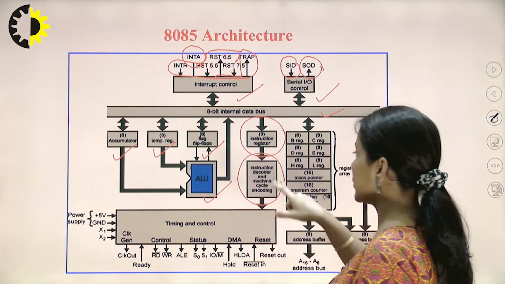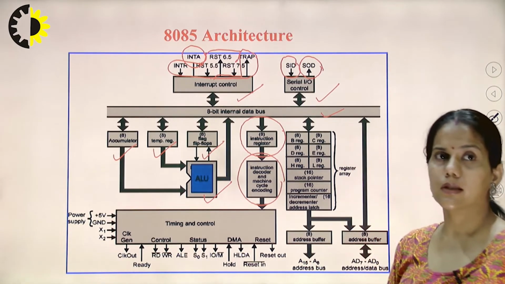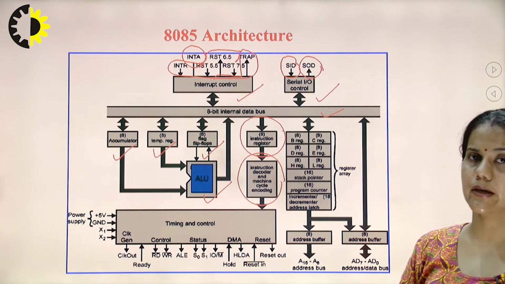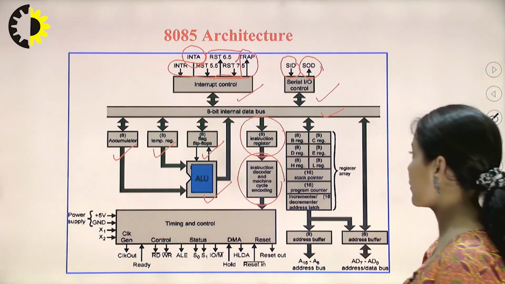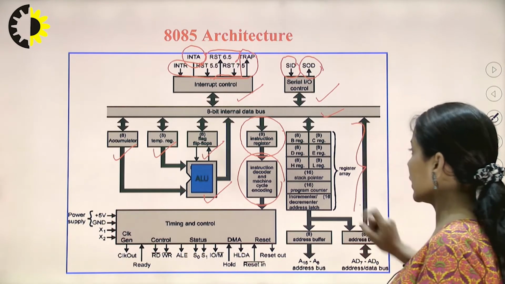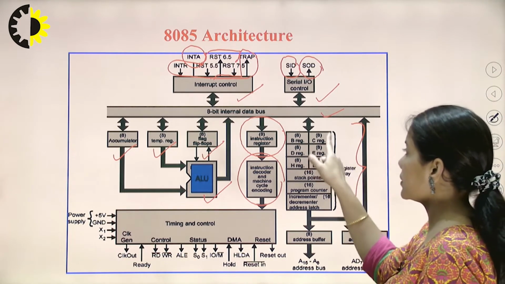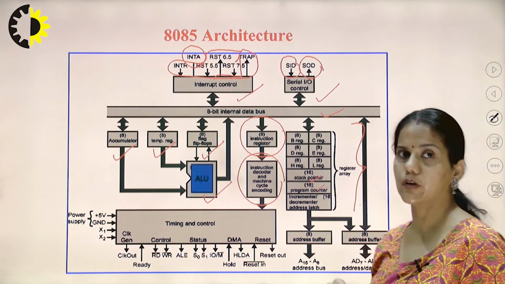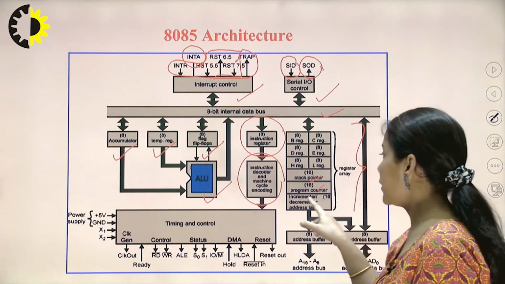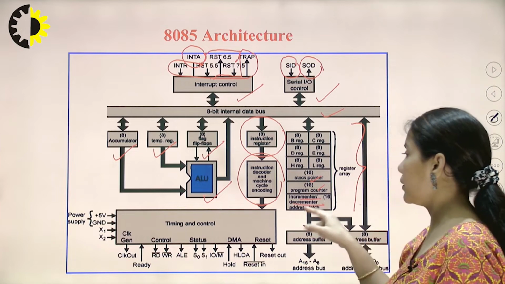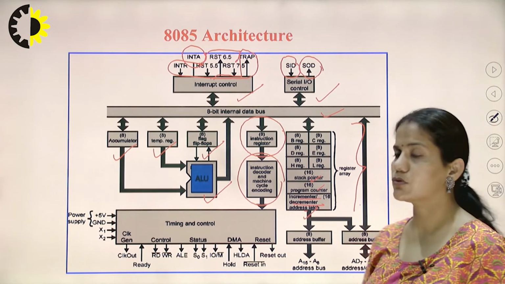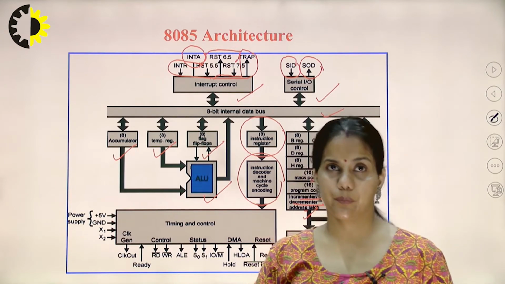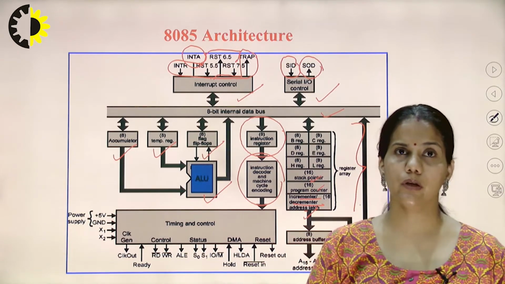Instruction decoder and machine cycle encoder are for decoding and executing of instructions. This is the register array. Here the 8-bit registers are there, and the 16-bit registers, that is the stack pointer and program counter. Incrementer and decrementer address latch is used to automatically increment or decrement the pointers, that is the memory location of the instructions.